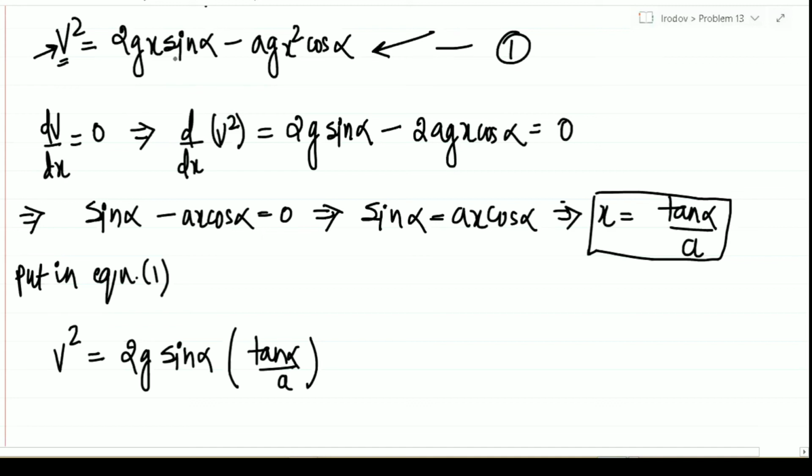We have replaced x by tan alpha by a, minus ag cos alpha into tan alpha by a whole square.